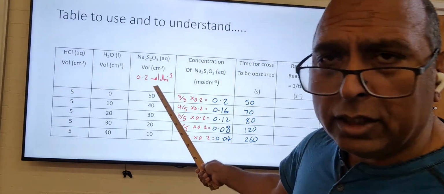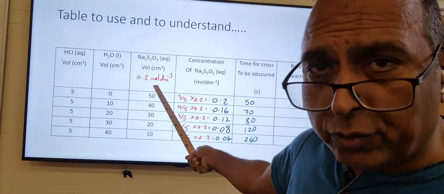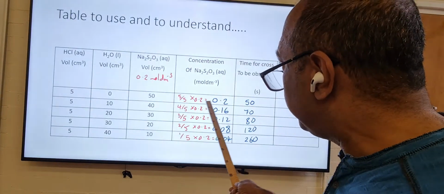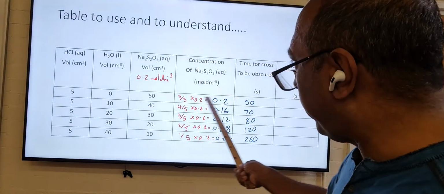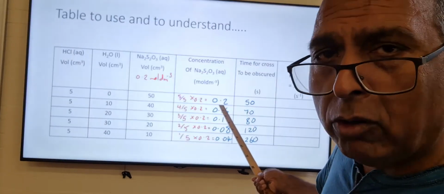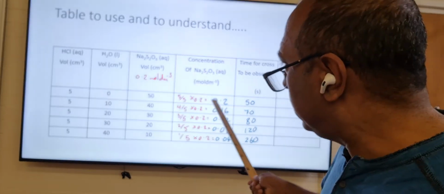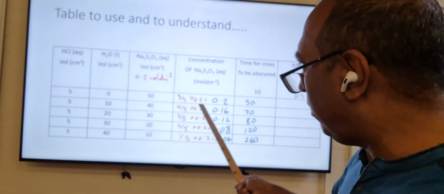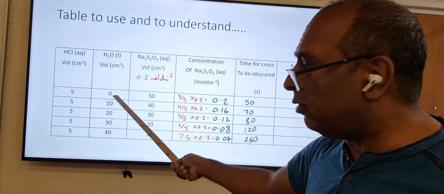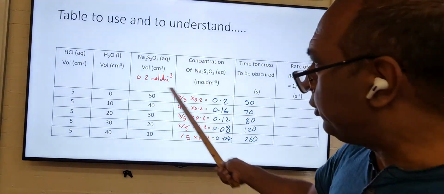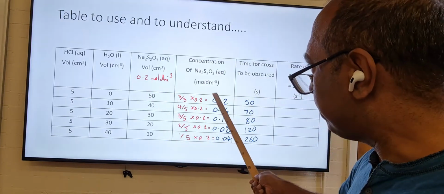So we started with that concentration, 0.2 mole per litre. So the first experiment is 0.2 mole per litre concentration. And that's 5/5 of 0.2, because you've got 5 lots, no water.